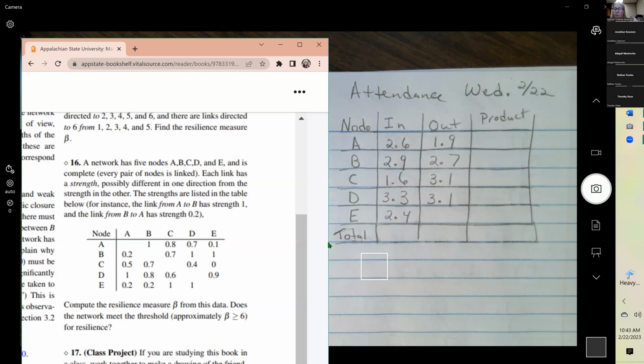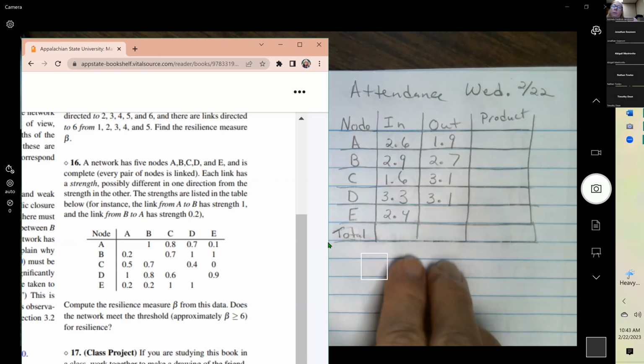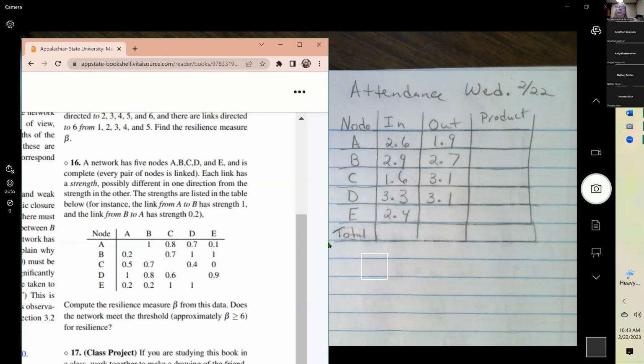Now, one way you can check that you did them right, when you add down these two columns, the first two should match. If they don't match, then somewhere we added something wrong.